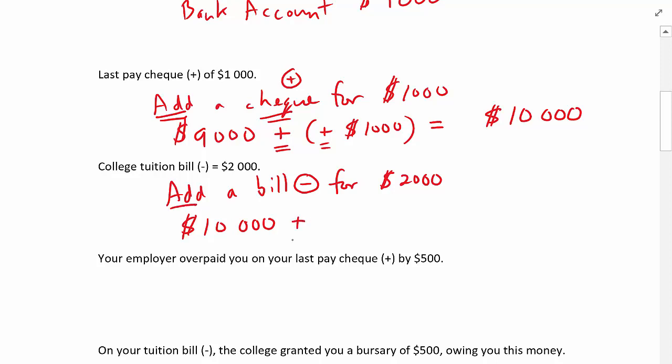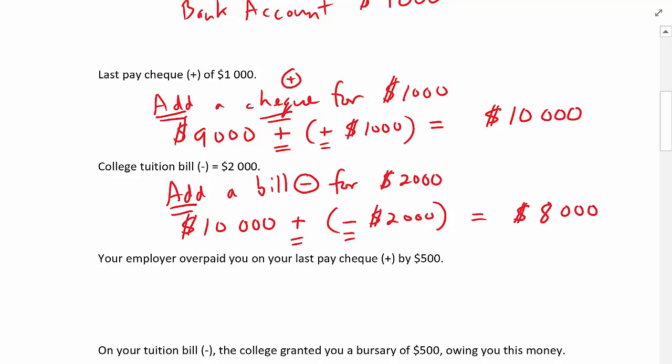So we're adding a bill, which is negative $2,000. Here we have a positive sign and a negative sign. In this case, we have an odd number, so in the end we take away 2,000 from 10,000. So we have $8,000 remaining in our bank account.